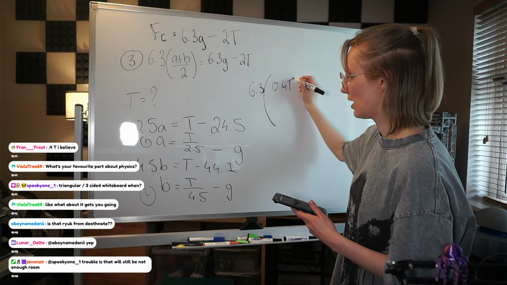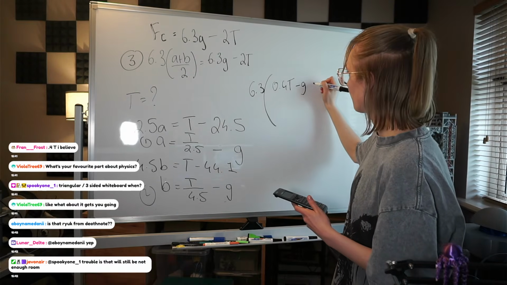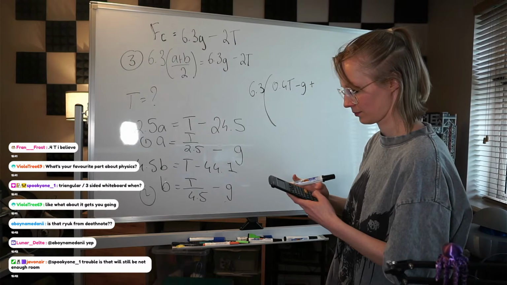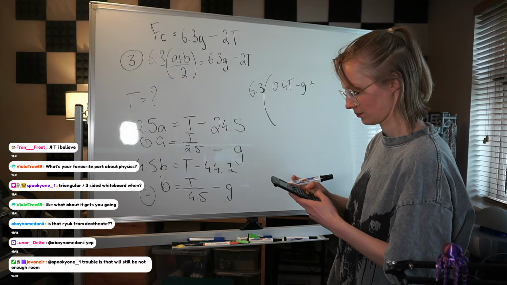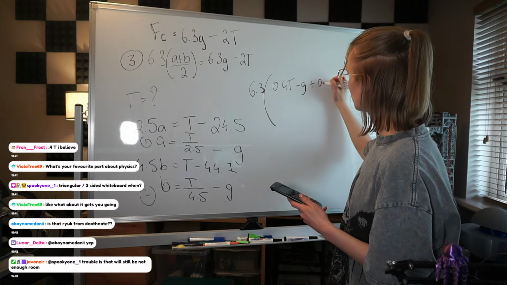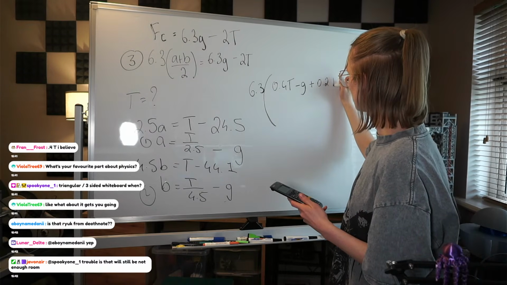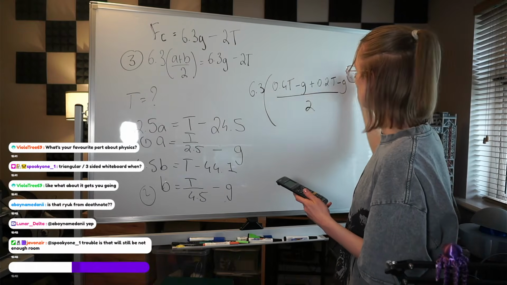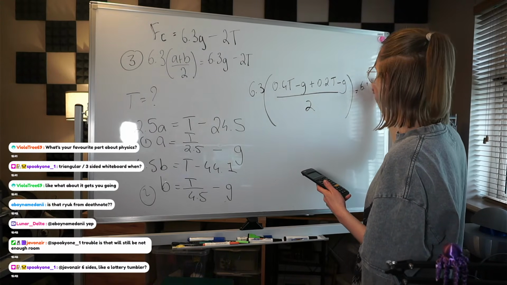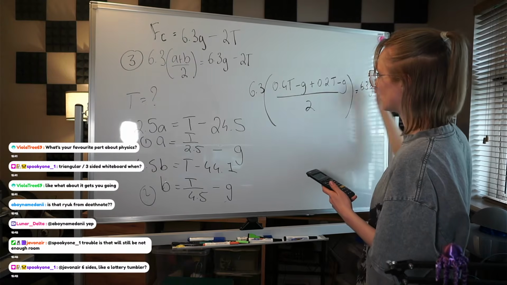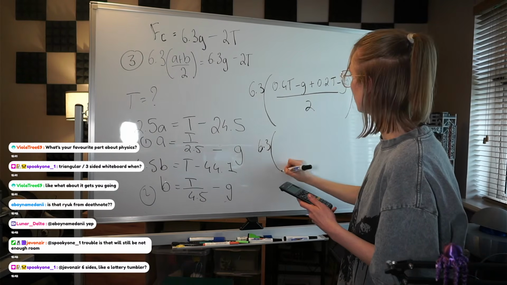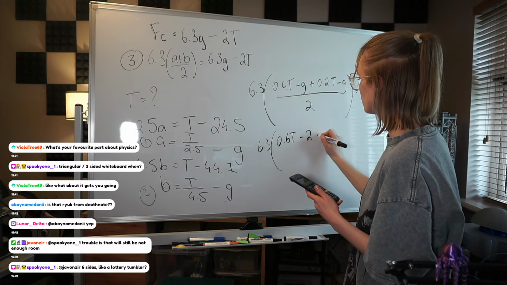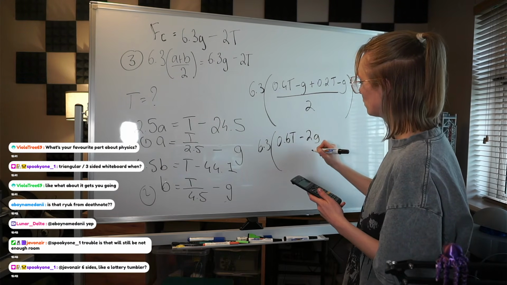0.4t minus g plus 0.2t minus g, all divided by 2, equal to 6.3g minus 2t. Let's do some maths here. That's 6.3, 0.6t minus 2g divided by 2.